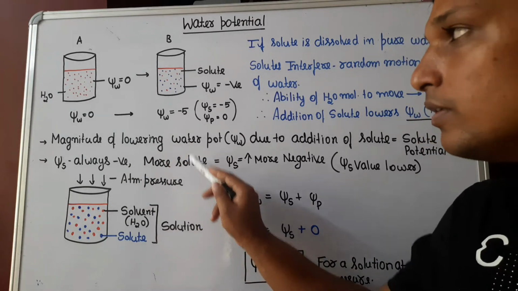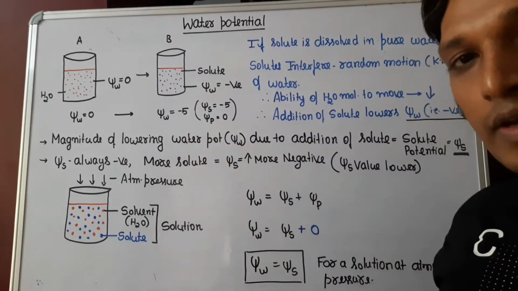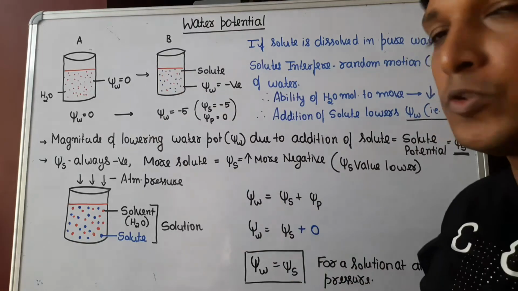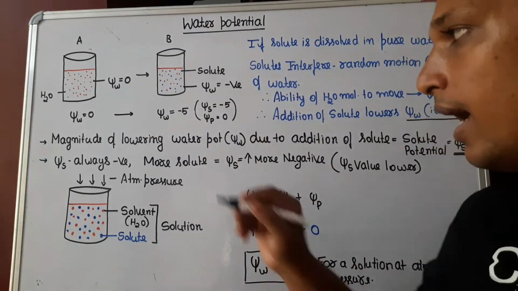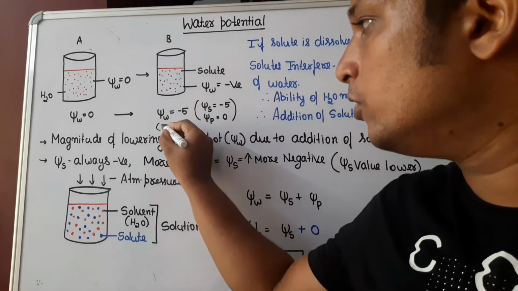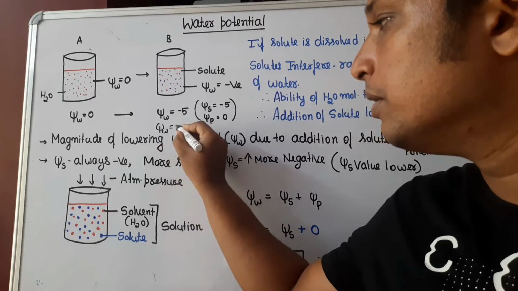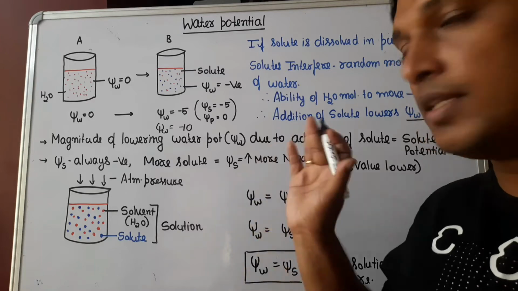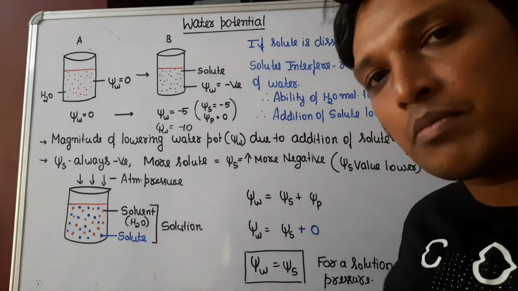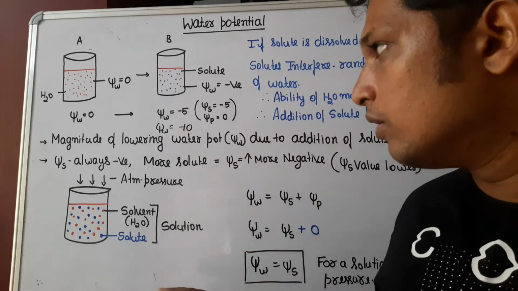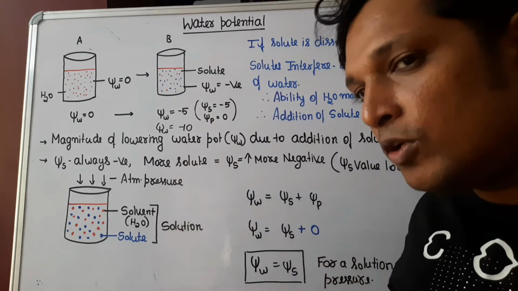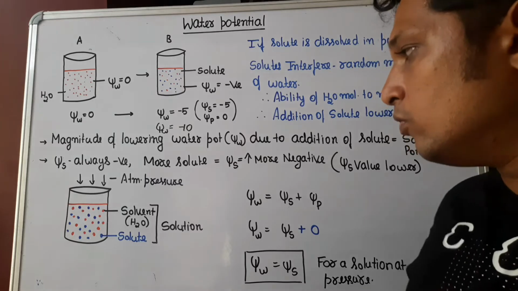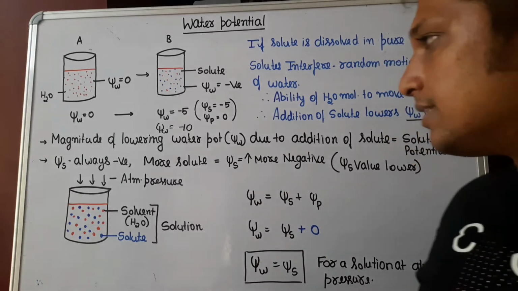More the solute, say -5 is now the water potential. Now I will add more solute to that beaker. As I keep on adding more solute, water potential becomes lesser and lesser. It may become -10, -12. If I add further, -20. Why? Because the more the solute, the more it will interfere with the ability of water to move, so water potential decreases.